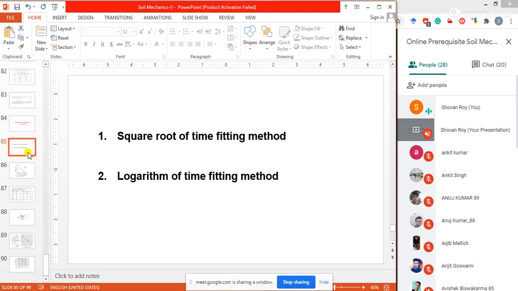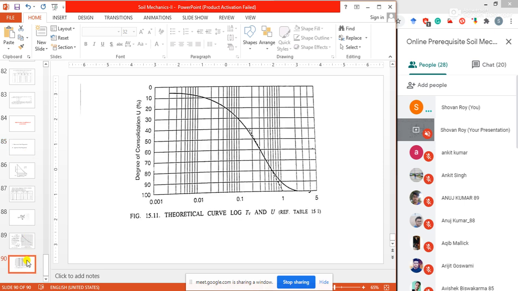Just some questions need to be discussed. Logarithm of time fitting method. This method was actually suggested by Casagrande, the developer of the liquid limit test apparatus, the Casagrande apparatus, which is used to find out the liquid limit value, or the division between liquid limit and plastic limit.